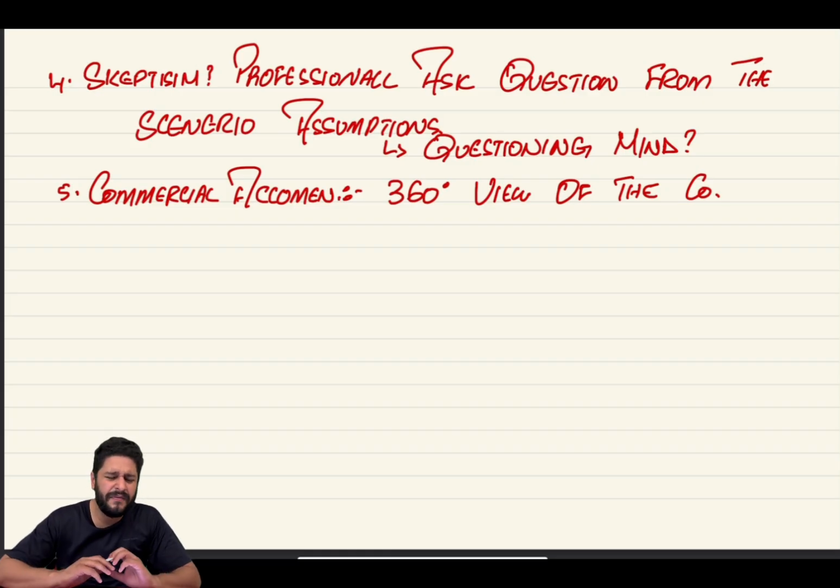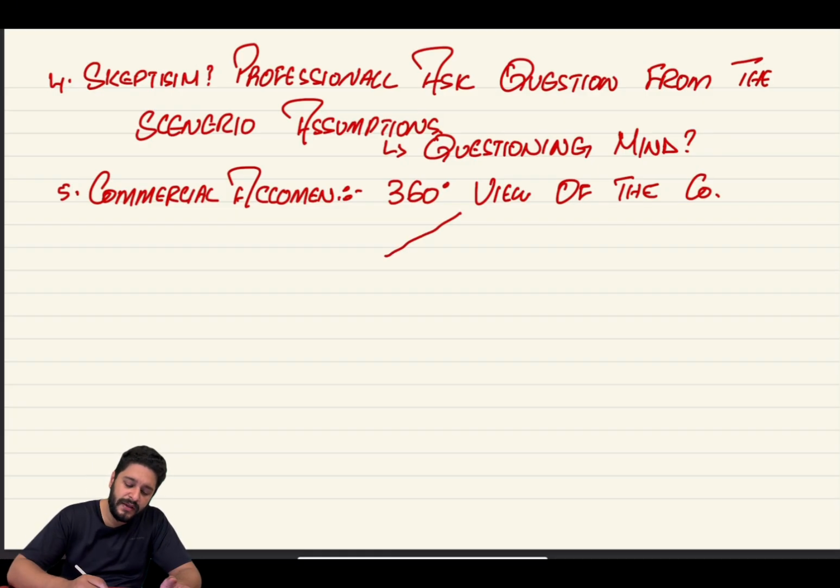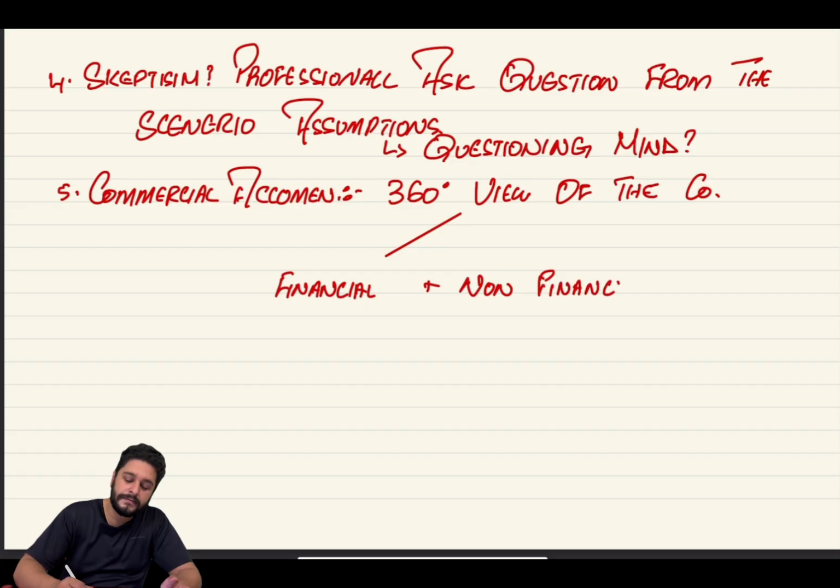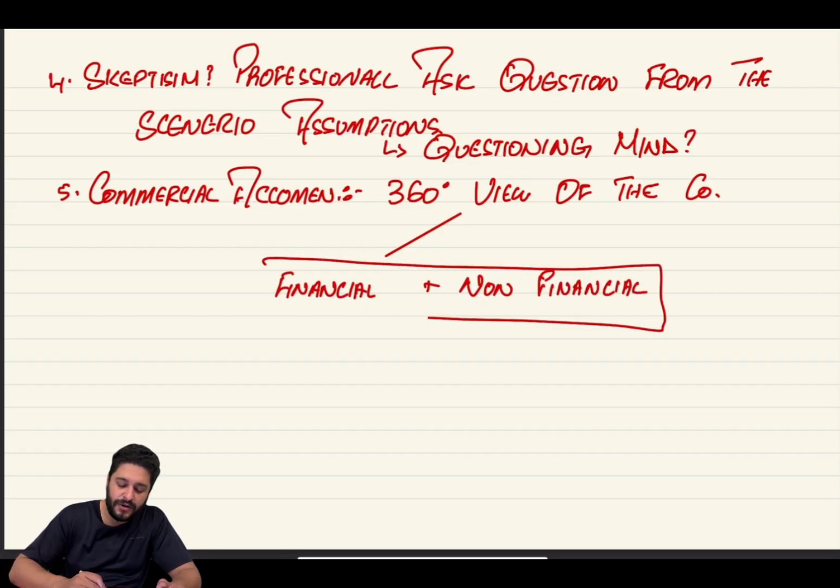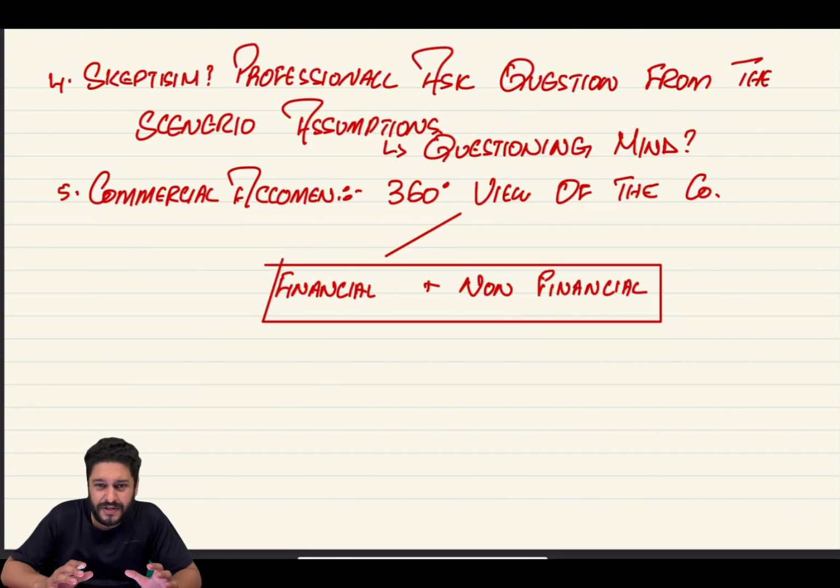We will look at every single aspect of the company, the financial plus the non-financial aspects. So this is what commercial acumen basically talks about. We will take into consideration the non-financial aspects as well.